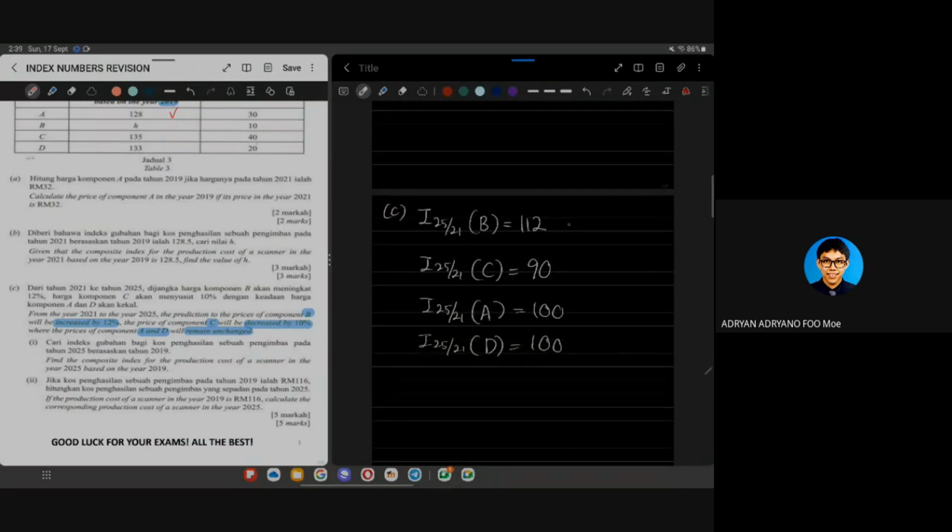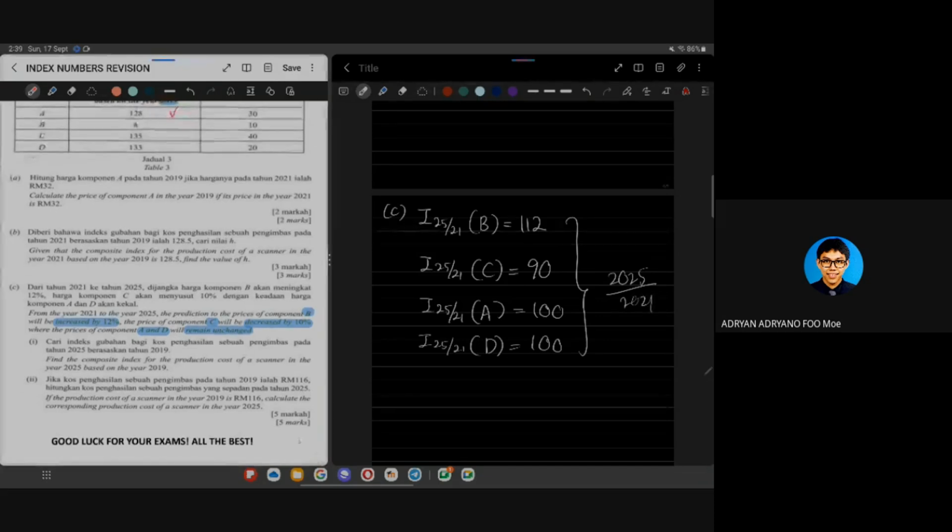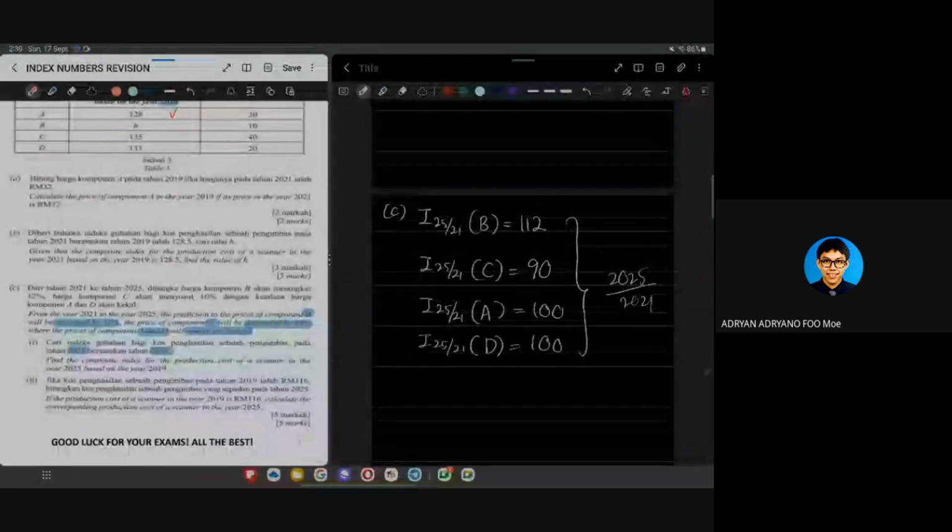This is the index of 2025 over 2021. But now, question 1: find the composite of 2025 based on 2019. Students will immediately find this composite here, then chain rule, then get the answer. Okay, I don't want that.